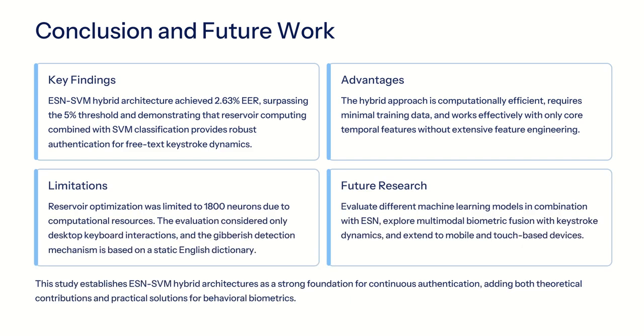So the conclusion and future work is that this hybrid architecture achieved a 2.63 equal error rate, which surpasses the 5% threshold, and it demonstrates that reservoir computing, which is the concept behind the echo state network, is effective when capturing core temporal features, and SVM is effective for classification.